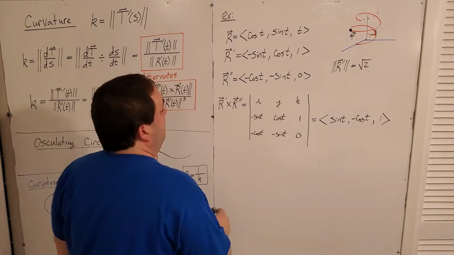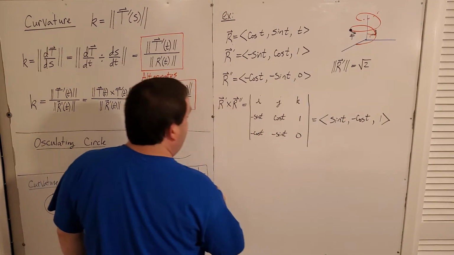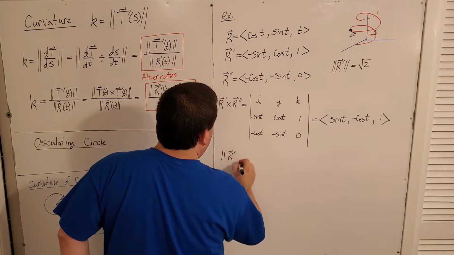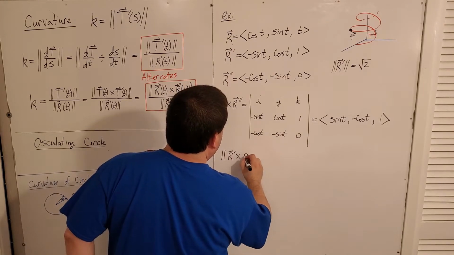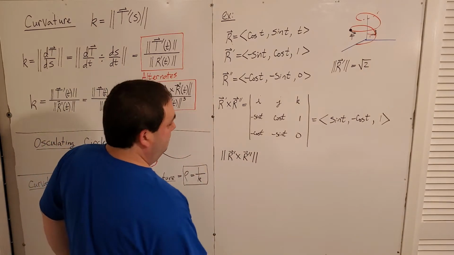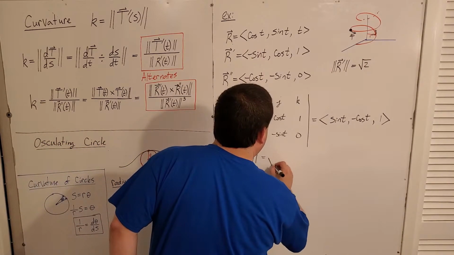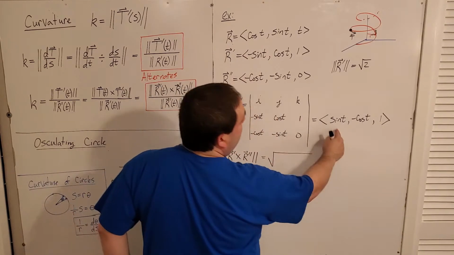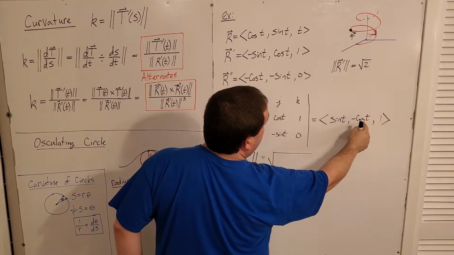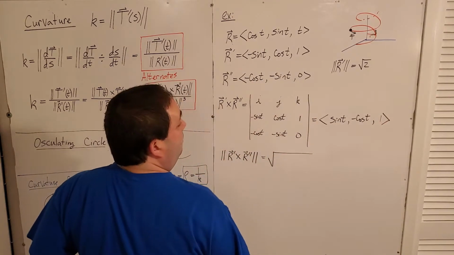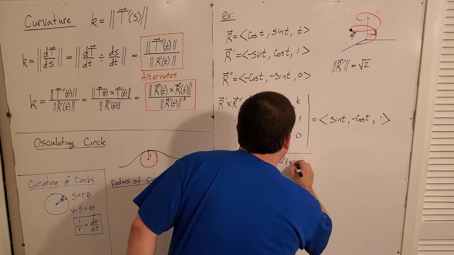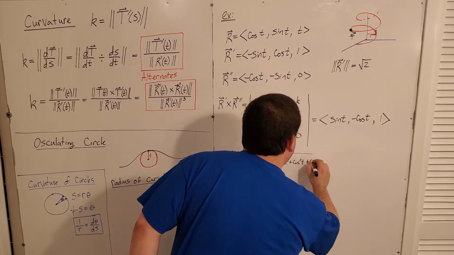All right. So now let's do the length of this guy here. The length of the derivative of r crossed with the second derivative of r is going to be the square root of, we have sine squared, and I've got cosine squared, right? Sine squared plus cosine squared plus 1 squared is 1.